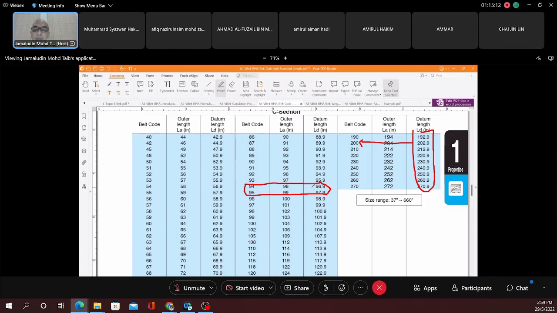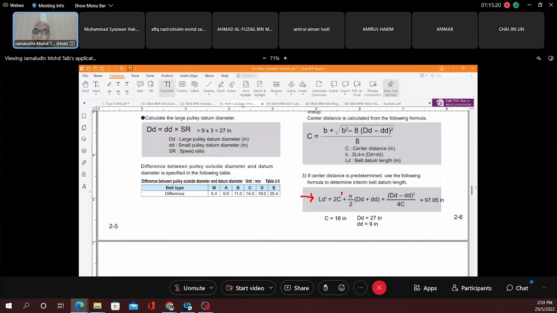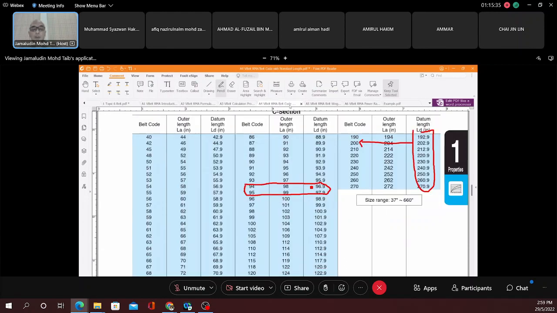If we choose 96.9, what's going to happen? The center-to-center distance is going to be closer, because 97.05 is larger. That means if you choose the smaller value, C is going to be less than 18. That's the choice you have. If, for example, the question says the maximum value is 18, then the choice is going to be C94.